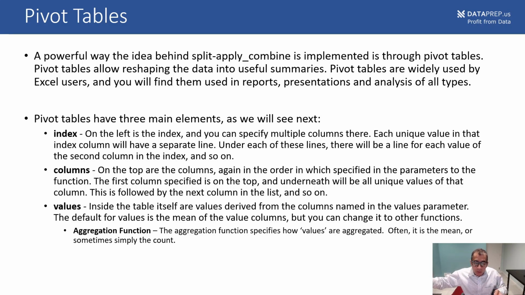Across the top, they have columns, and in the middle section of the table, they have values or numbers. And these numbers can be averages, medians, standard deviations, just about any function that you can think of applying to the intersection of whatever is in your index and whatever you have picked for your columns. Now, this can get very conceptual, so let's dive straight into an example.